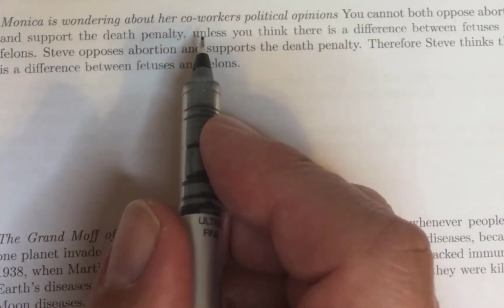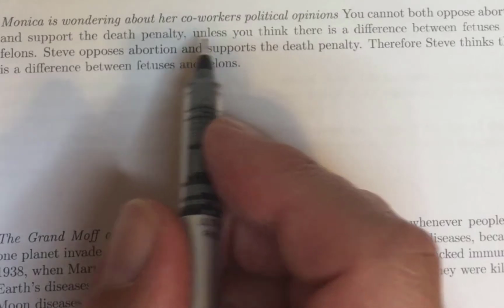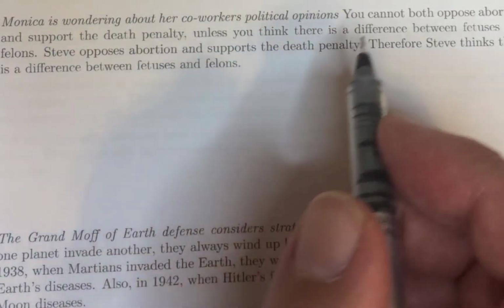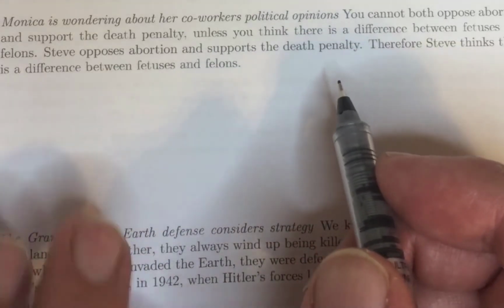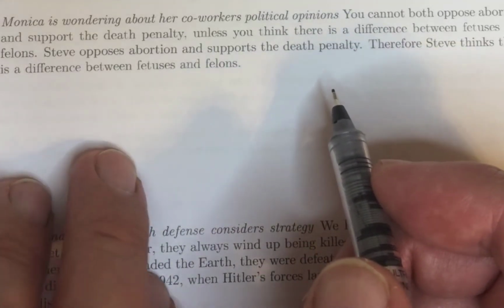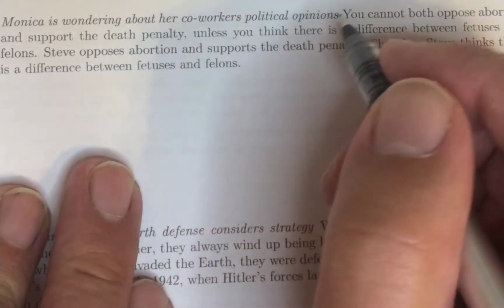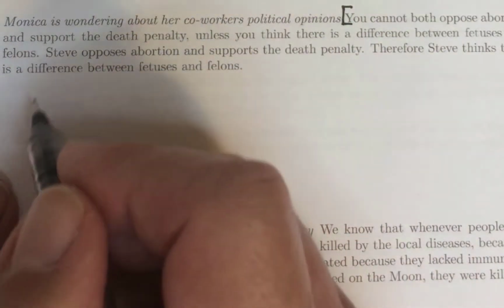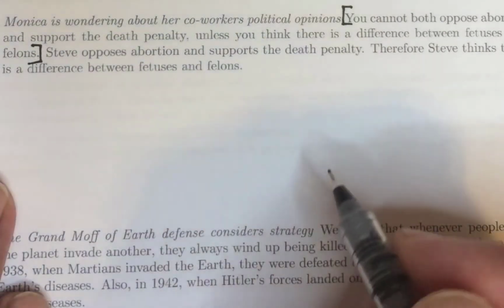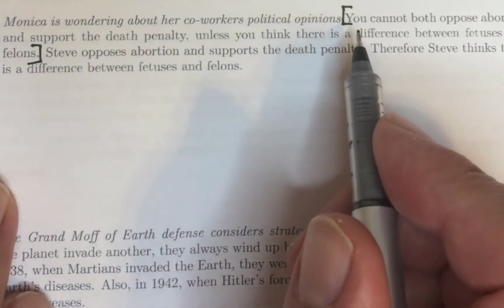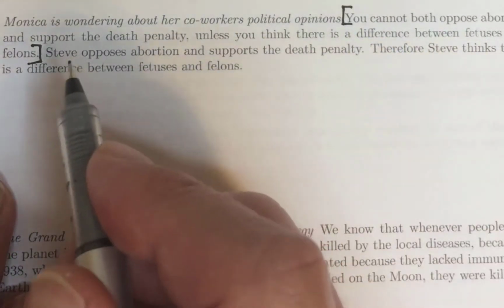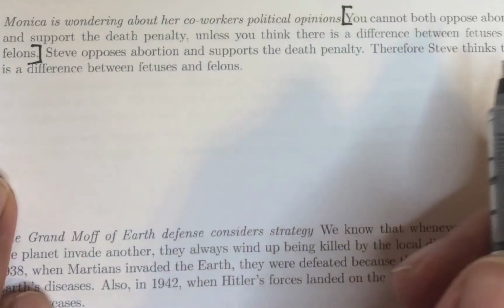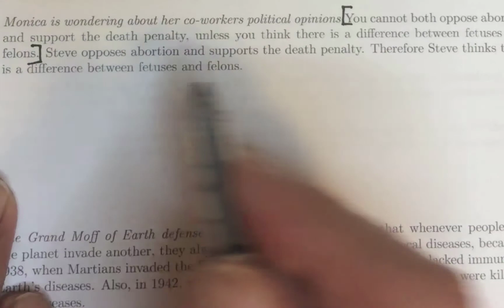Here's the next argument. Monica is wondering about one of her co-workers' political opinions. Context setting, we can ignore that. The passage consists of several statements. The first thing to note is that this block is actually all one statement. You can't break it up into smaller statements. The full passage is, you cannot both oppose abortion and support the death penalty unless you think there's a difference between fetuses and felons.